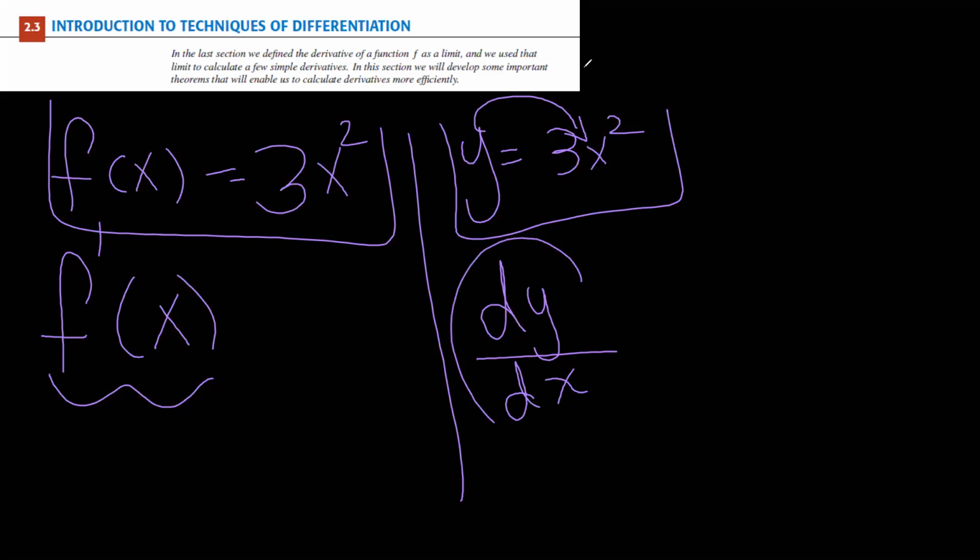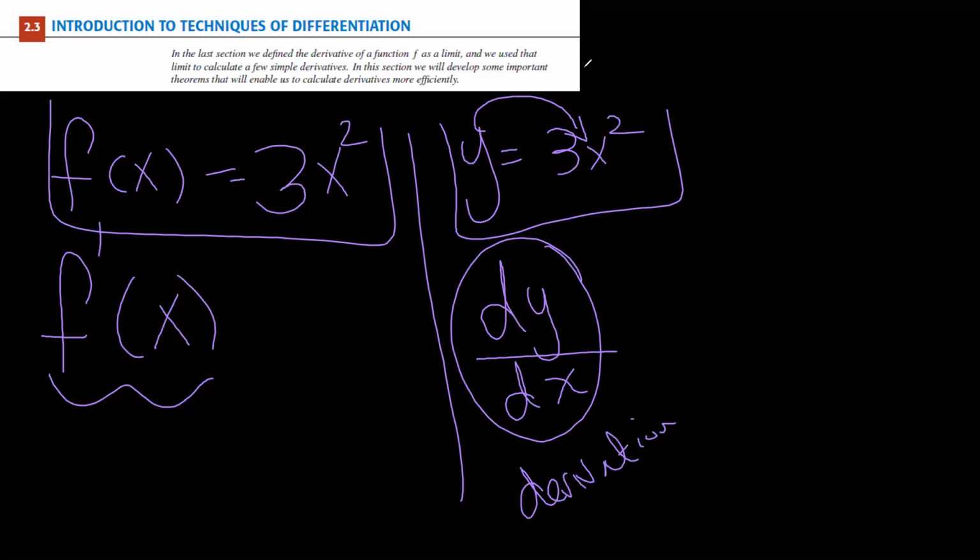This one also means derivative. Is it clear?